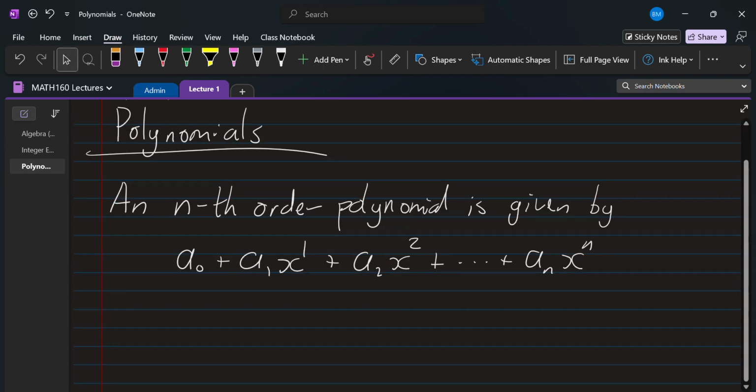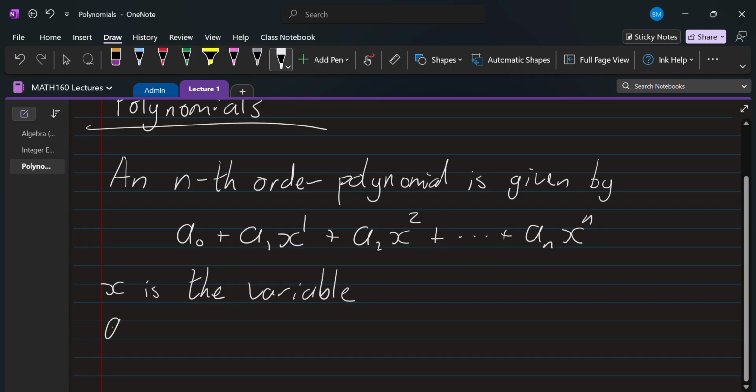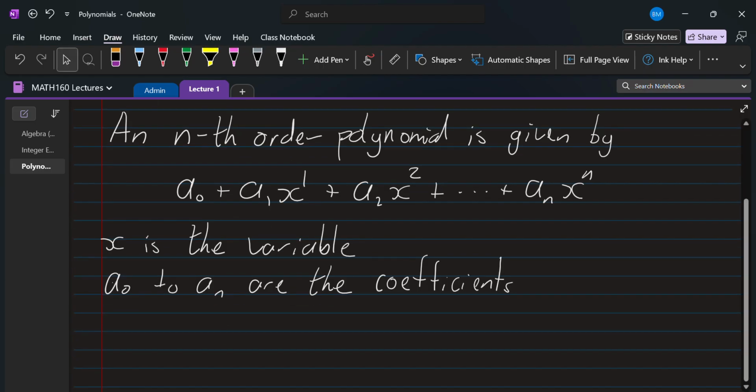An nth order polynomial is given by a0, that's just some number, plus a1 x to the 1. Again, x to the 1, that's just x. Plus a2 x squared plus dot dot dots plus an x to the n.